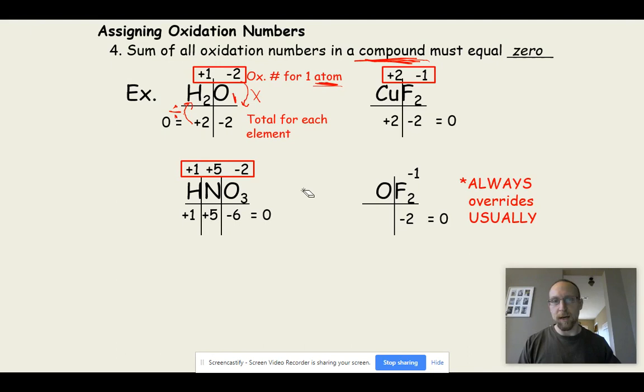So oxygen's not going to be -2 here because we need it to equal +2. So there's only one oxygen, so it gets the entire +2 charge. All right. So always overrides usually. Remember this when we're talking about our general rules for applying oxidation states. So fluorine wins, and then oxygen's the one that has to adjust, and it becomes +2 in this case to get it to equal 0.